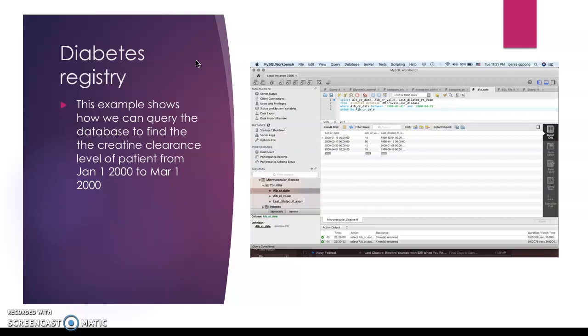So within that time period, a provider can just go in there, pull up this information, and do a simple query to determine within the last 4 months how this patient's creatine clearance level has improved or deteriorated, and this information can be vital in helping the patient improve their therapy.